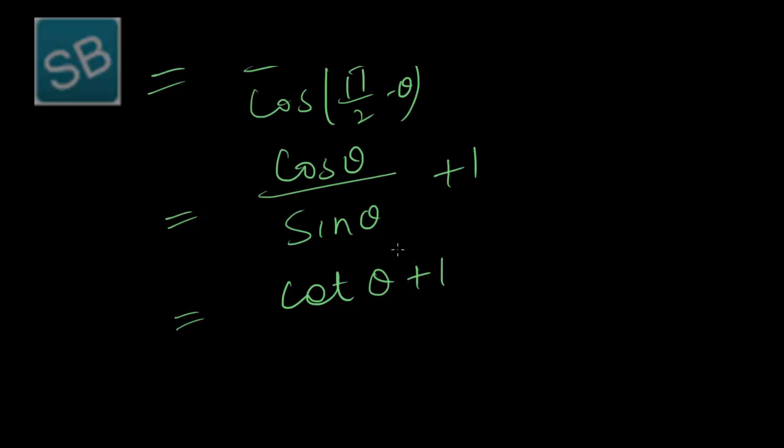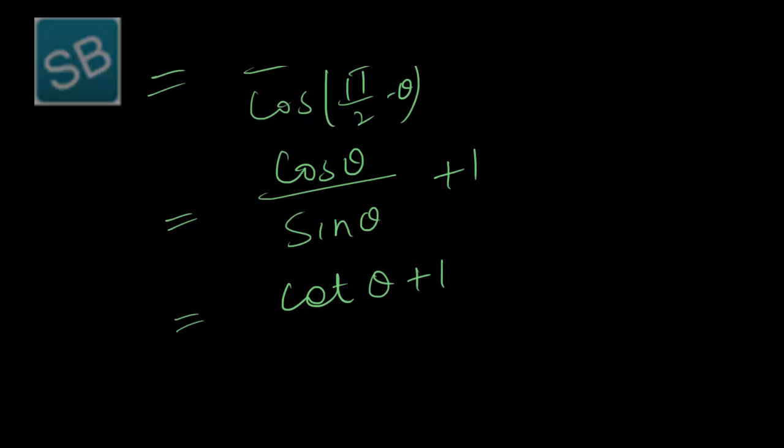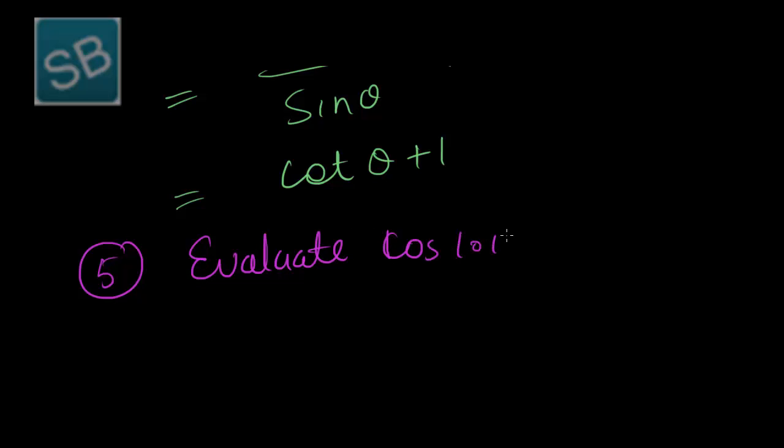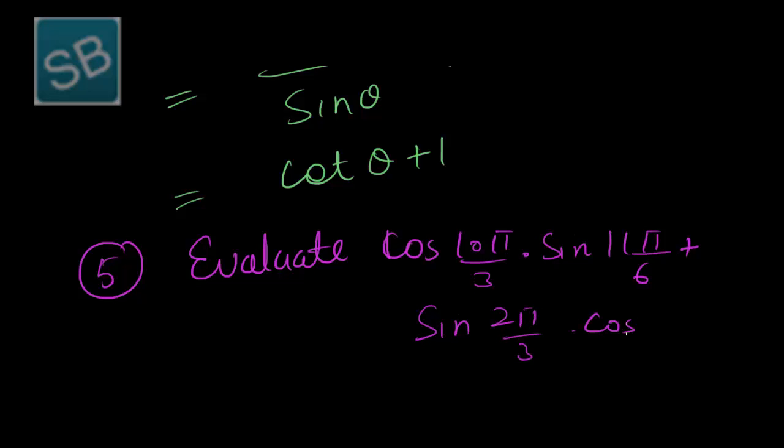So the next problem is: evaluate cos 10 pi over 3 into sin 11 pi over 6 plus sin 2 pi over 3 into cos 5 pi over 6.